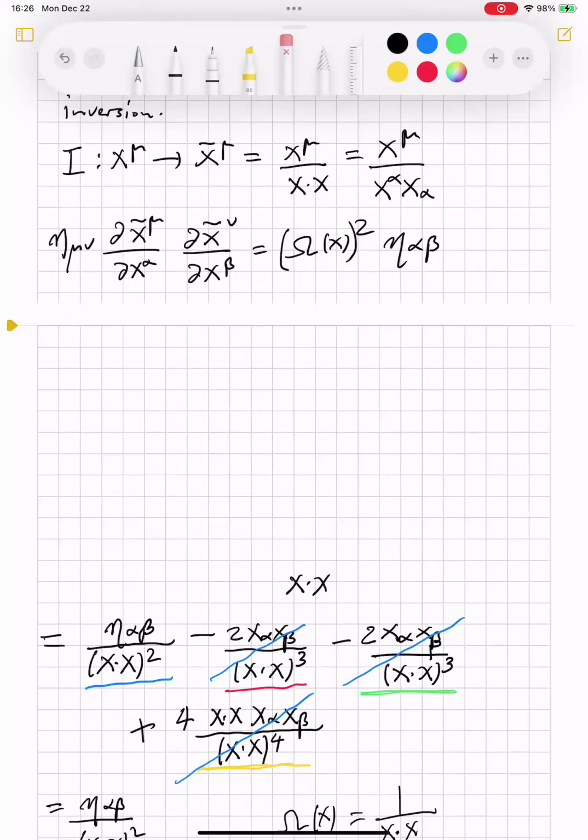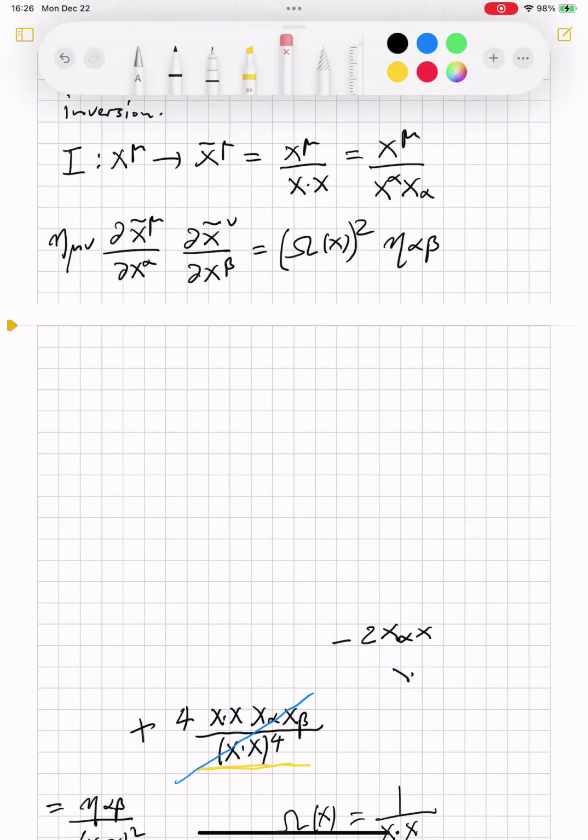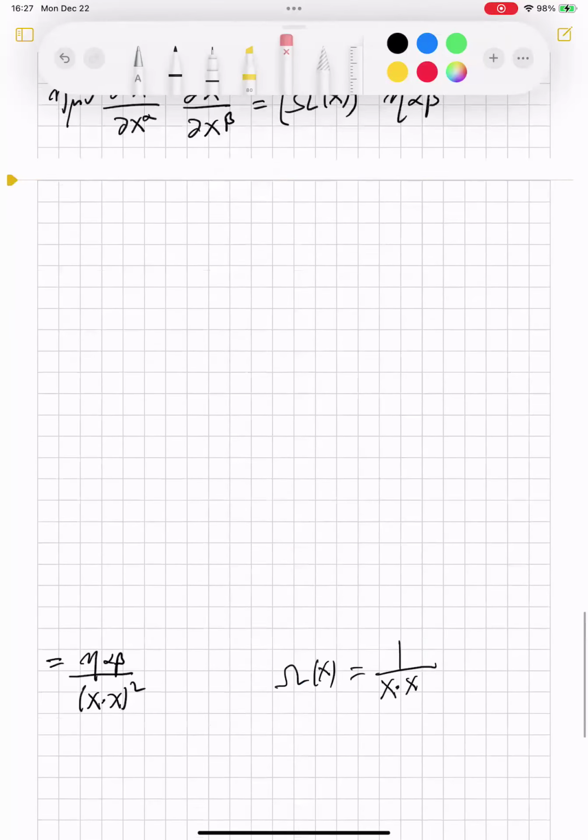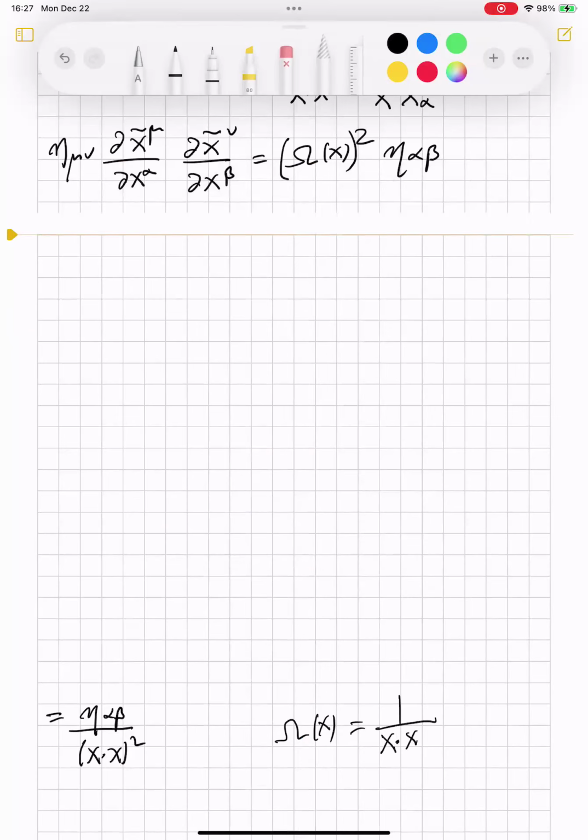By the way, you saw that for translations and boosts and rotations, there was no rescaling of the metric. The metric was just multiplied by 1, whereas for the scale transformation, there was a non-trivial scaling.